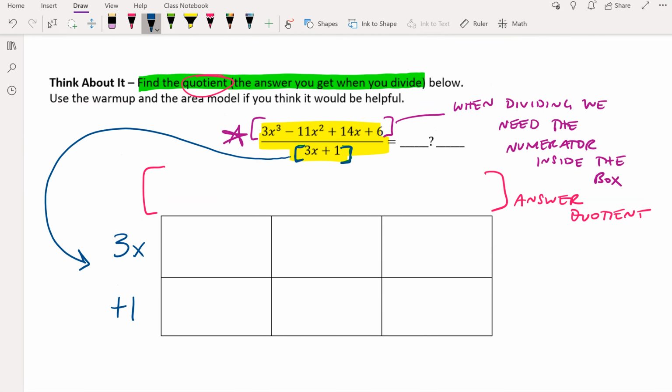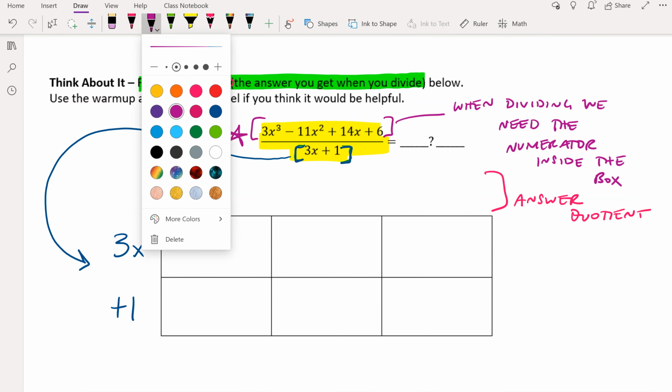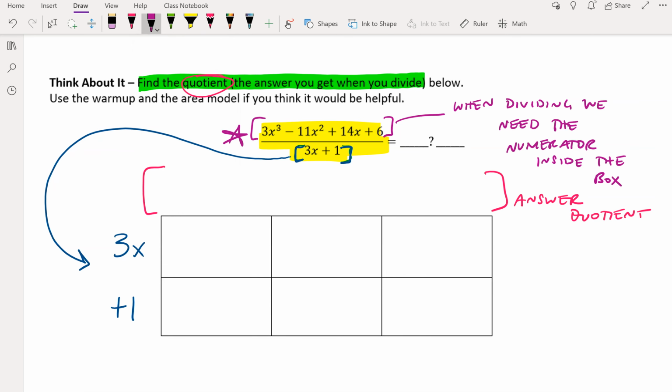Okay, we're going to make sure that we have the numerator inside the box. So the first thing we're going to do is put the first term inside the box, 3x cubed. We're doing almost the same thing as multiplication, but I say we're reverse engineering it because we have to think backwards now.